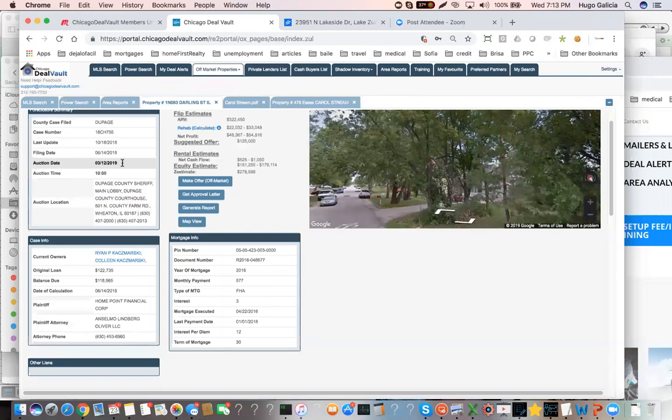Once they got foreclosed, they still have about 3 months. So let's say on this particular property, on March 12th, that's when the property will be auctioned off. And if it doesn't get sold, then it's going to go back to the bank.